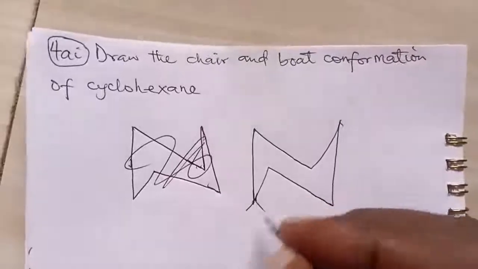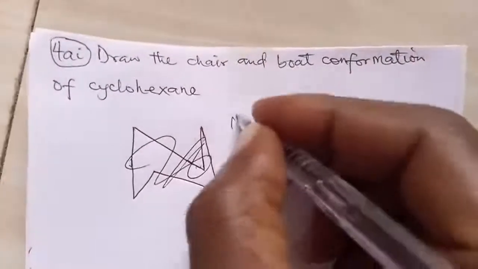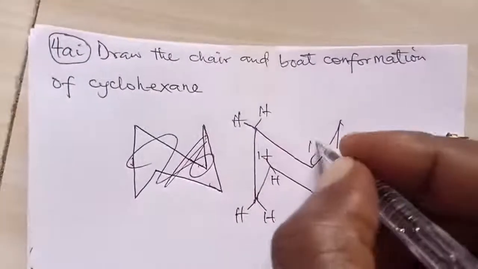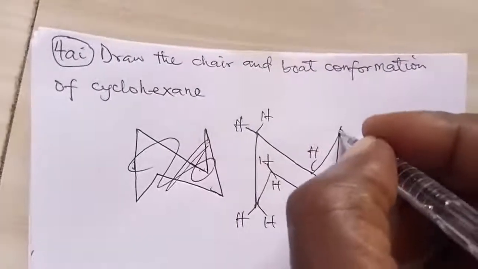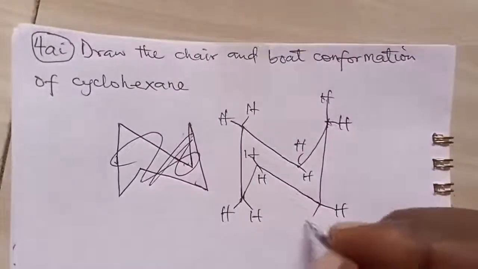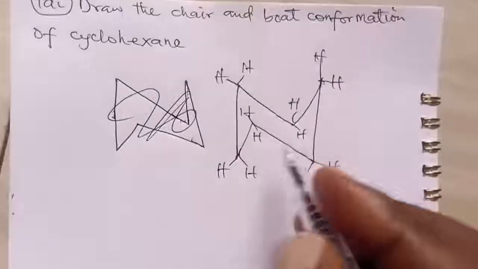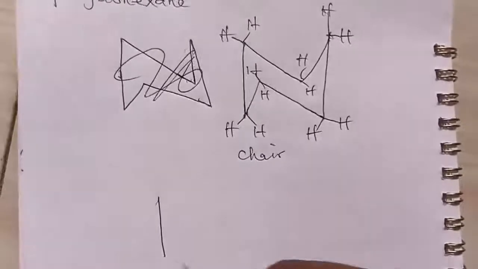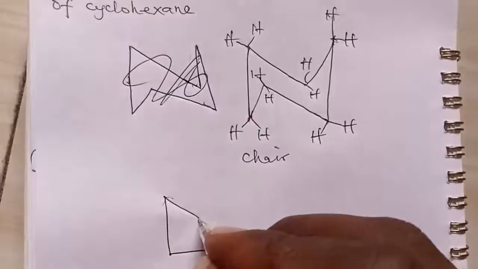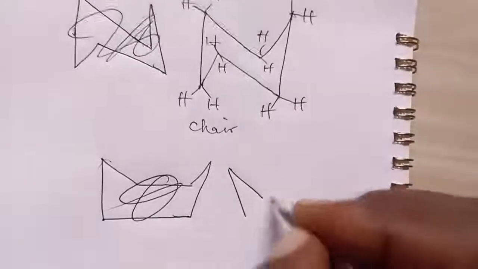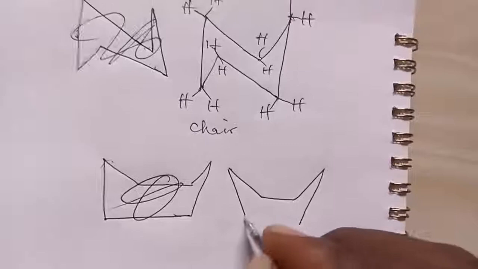So here we have hydrogen, hydrogen. Here we have hydrogen, hydrogen. Here we have hydrogen, hydrogen. Here we have hydrogen. Here we have hydrogen, hydrogen. Then here too. So this is the chair. Looks like chair conformation. Then for the boot, this is better.